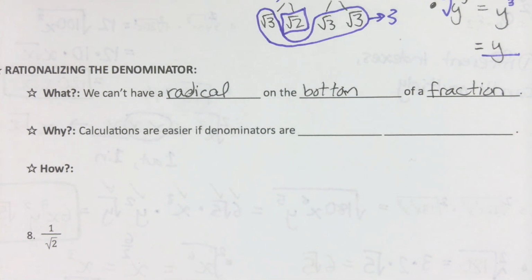Because of that, we have a method called rationalizing the denominator to get rid of it. Why do we need to do this? Why is it important? It'd be like putting a decimal on the bottom of a fraction, which is something we never do. It's pretty much unheard of. Same thing. On top of that, calculations are easier if denominators are whole numbers.